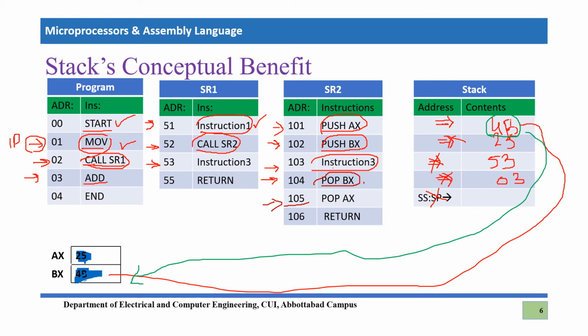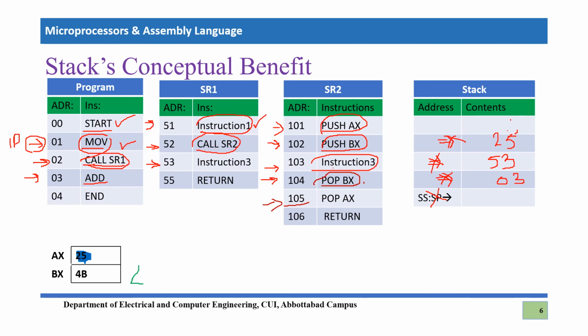So in this manner we are going to retrieve that value back into the BX register, and the stack pointer will also switch its position. Let me erase, so no value is written now here. What will happen?